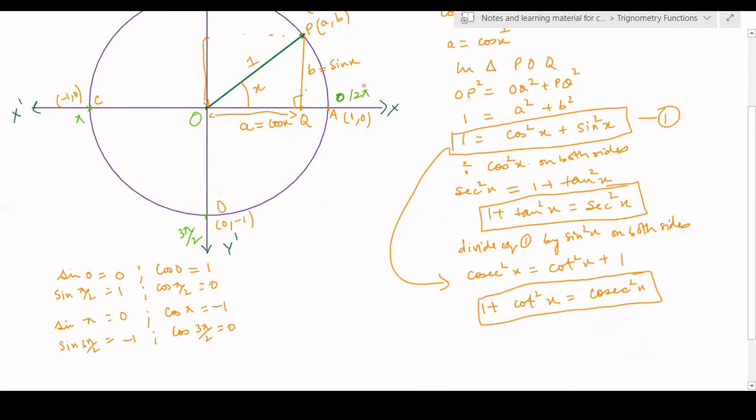Coming back to 2 pi terms here, sin 2 pi value is 0, whereas cos 2 pi gives us 1. So we get to know these values of sin and cos at positive x, positive y, negative x, and negative y.